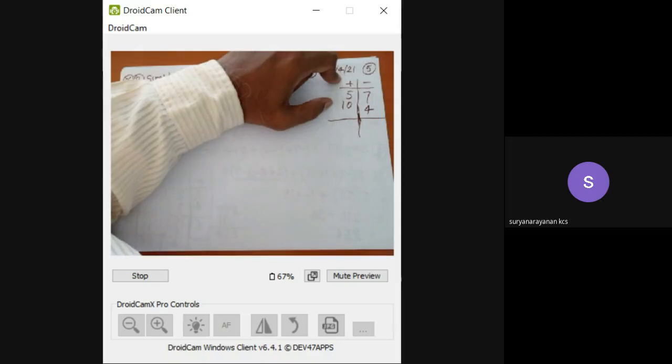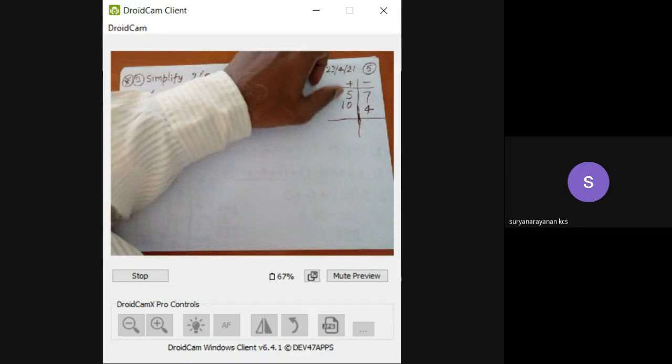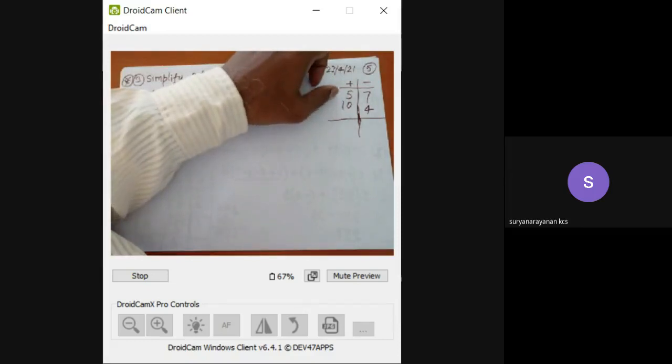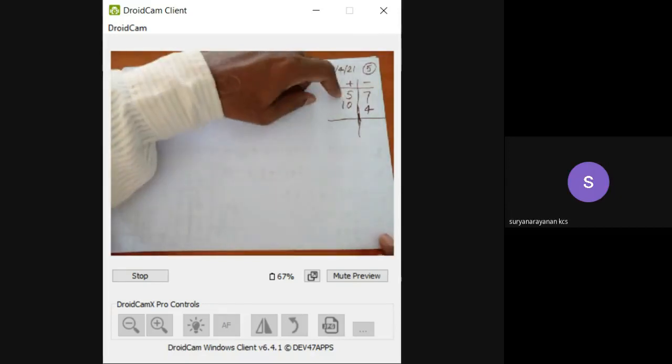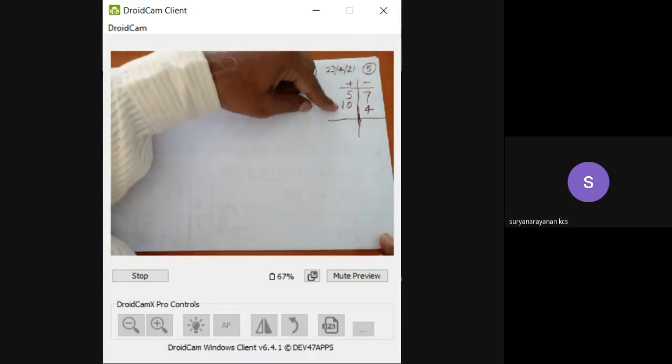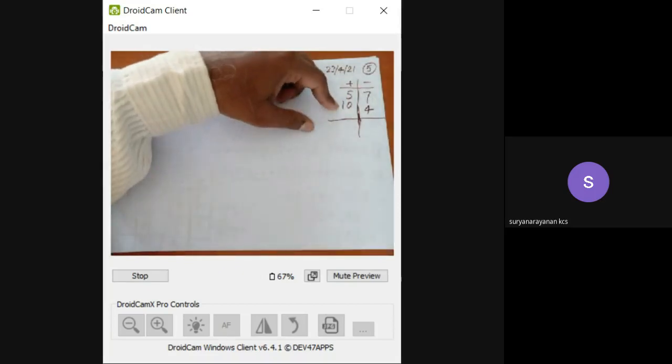Harini, can you tell me? What will you get here by simplifying these 2 numbers? Find these 2 numbers, what will you get? 5?